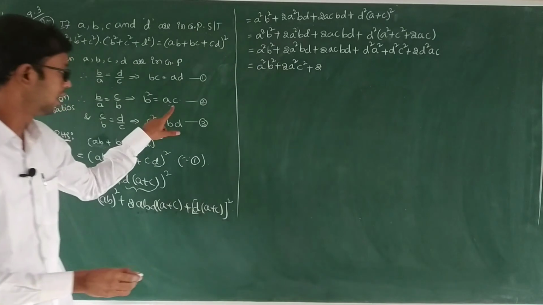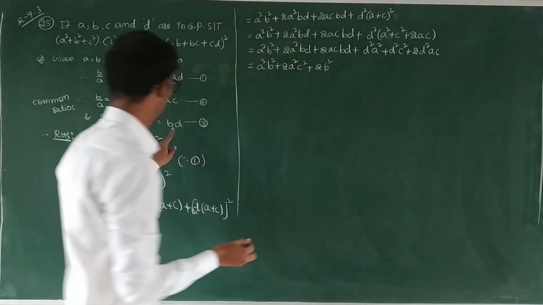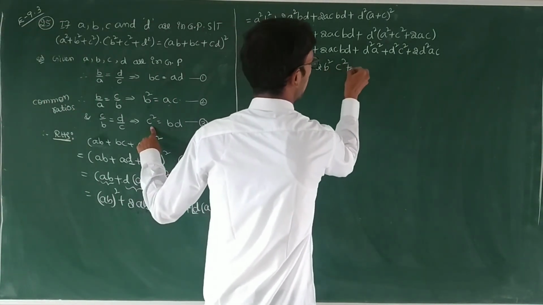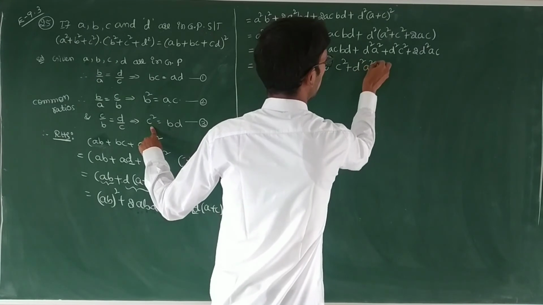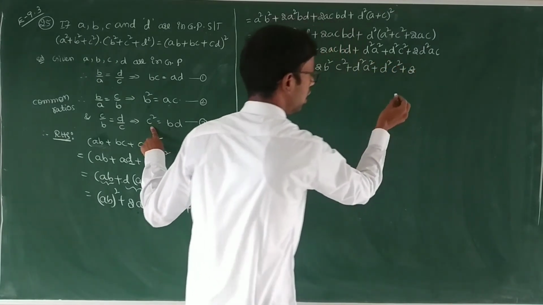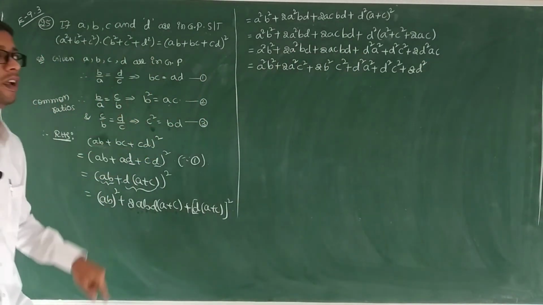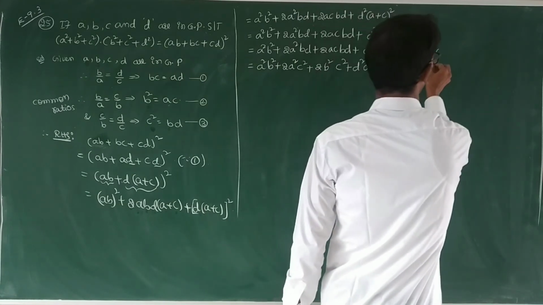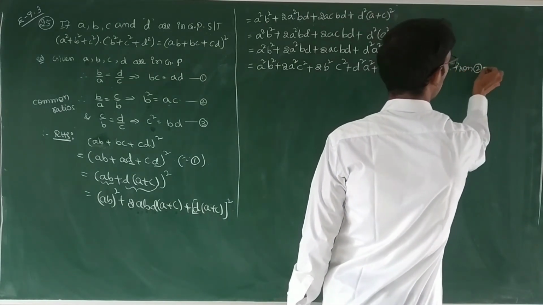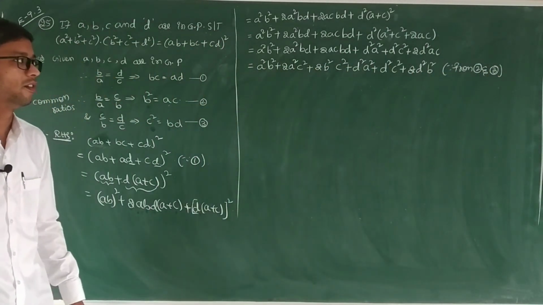What is AC? AC is B square. BD is C square. And 2D square into AC: AC value is B square, since from 2 and 3 I am using here 2 and 3.